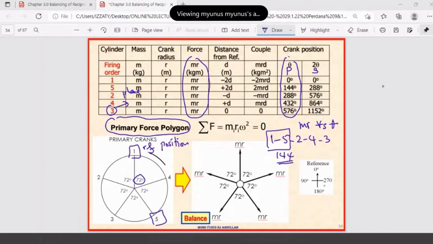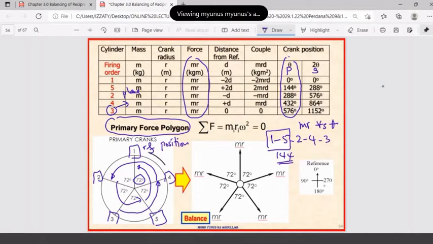Okay, next you have 2. Again, another 144. 2 will be here because this one will move. The next one is 4, which will be here because you have 2, 144, 144. The next one is 3, which will be here because this is another 144.